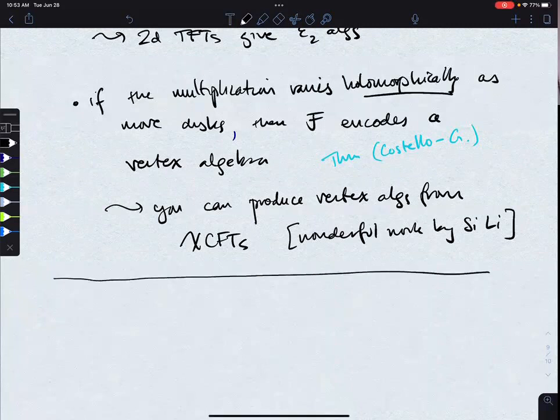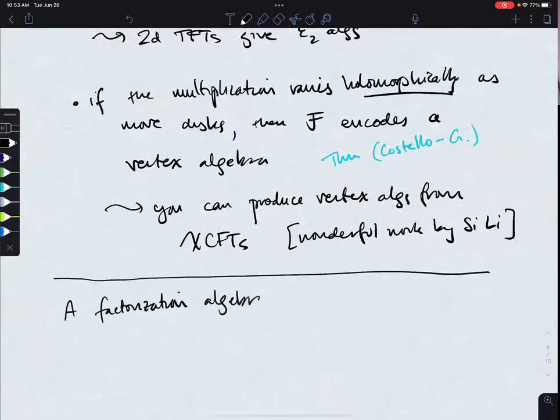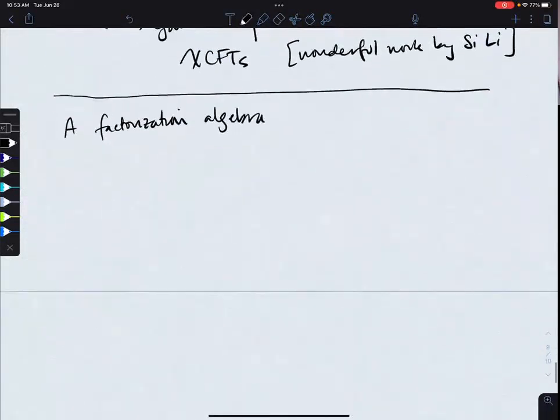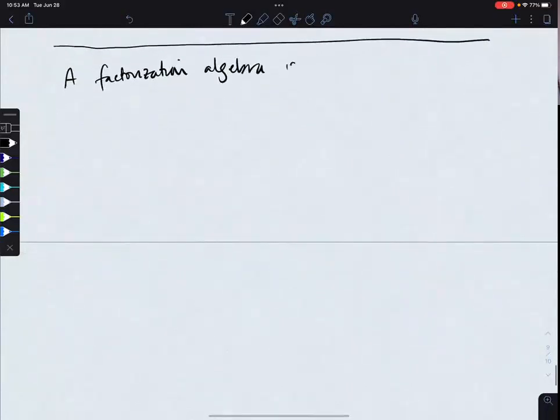So I've told you so far what a pre-factorization algebra is. A factorization algebra, I'm not going to give you a precise definition because I am running out of time. It's a little bit technical, but it's whatever.